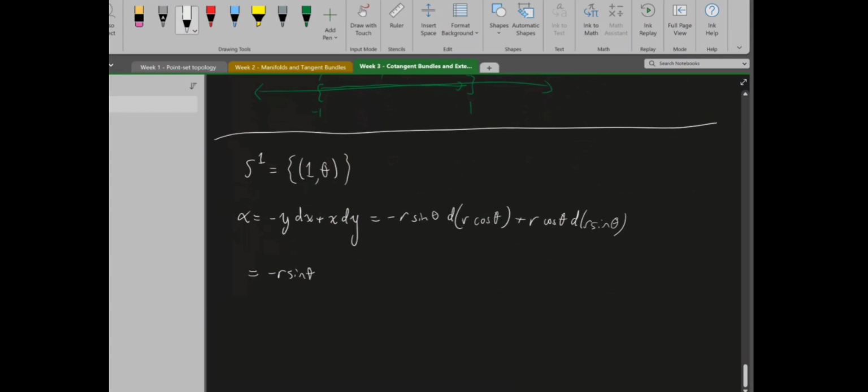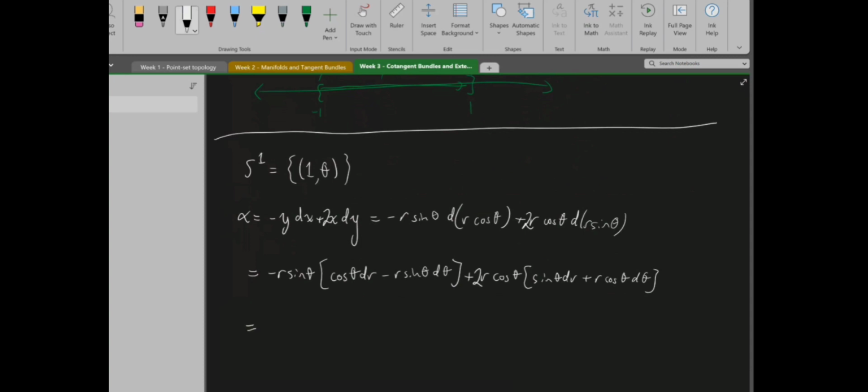So this gives me -r sine theta cosine theta dr minus r squared sine squared theta d theta plus 2r cosine theta sine theta dr plus 2r squared cosine squared theta d theta.